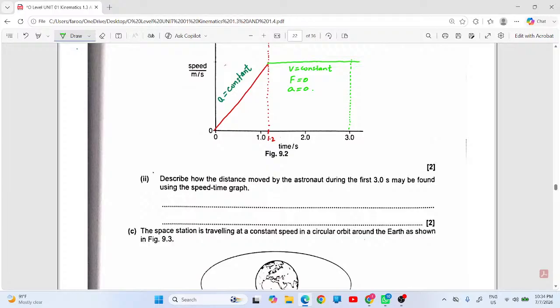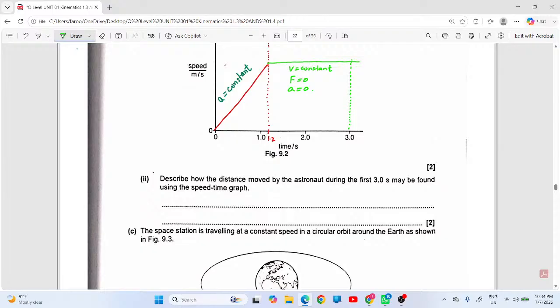ठीक है. Next, describe how the distance moved by the astronaut during the first 3 seconds may be found using the speed time graph. जी बच्चे, सेकंड पार्ट कैसे करेंगे?